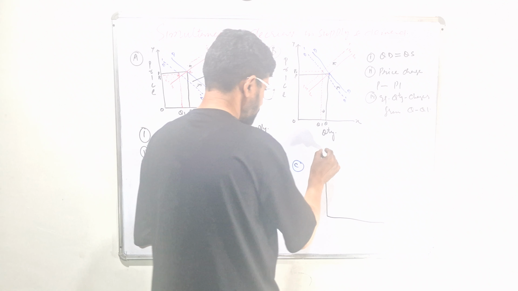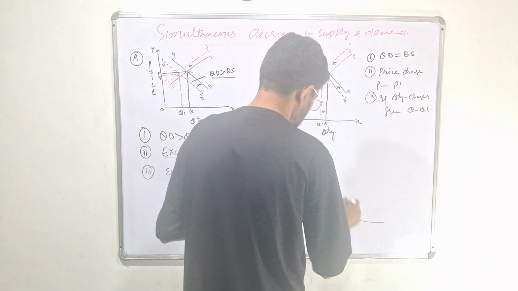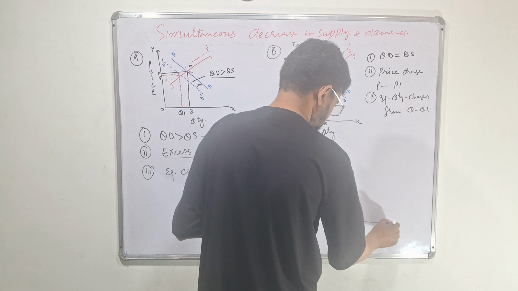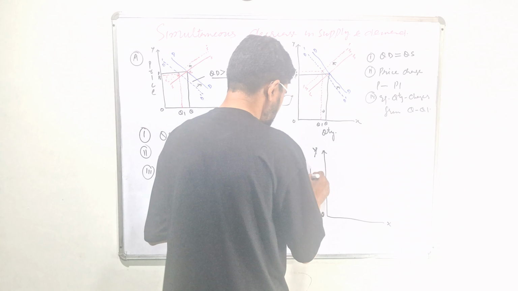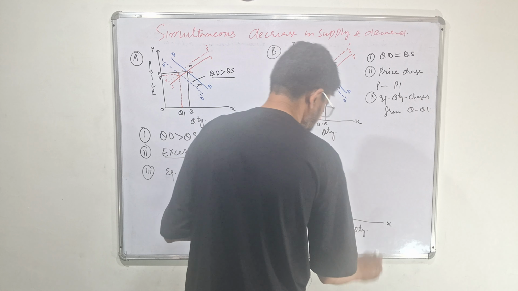In the third case, I will write this is price, this is the y axis, this is the x axis. Here I am writing price, and here is quantity.